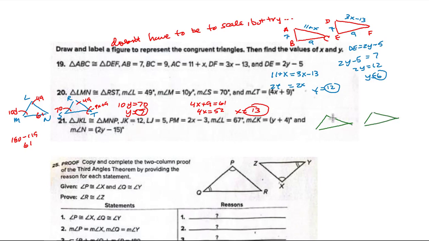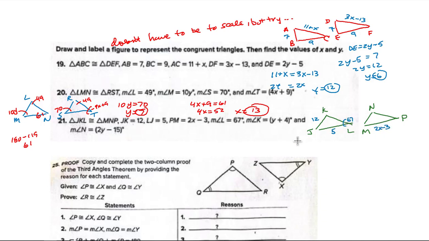For 21, I'm going to draw another couple of triangles. JKL is going to match with MNP. Then I'm going to label the congruent parts and put the given information in.